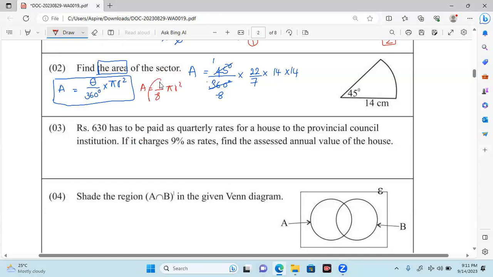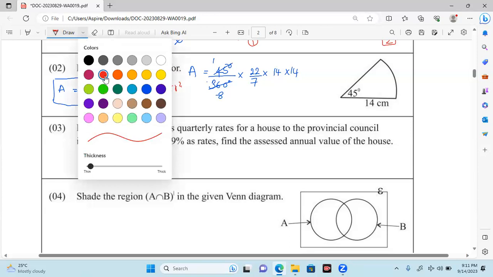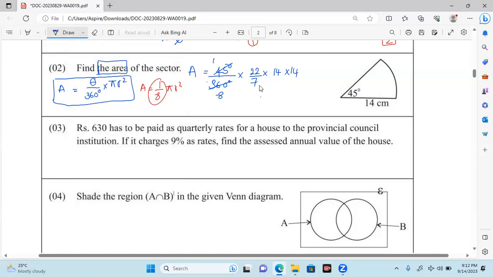This 1 upon 8 means the fraction of the angle at the center to the angle around the point. Then here 14 divided by 7, it's 2. 14 divided by 2, it's 7. 8 divided by 2, it's 4. 22 divided by 2, it's 11. 4 divided by 2, it's 2.